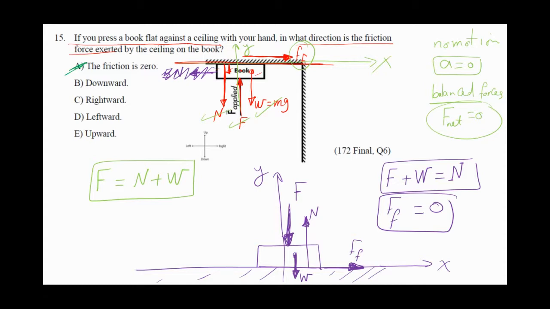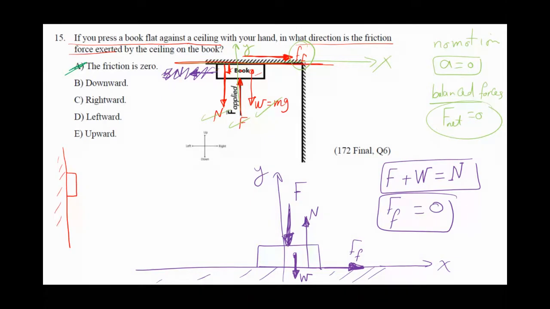There is a third case. What is it? If you push the book against the wall, like if there is a wall and you push the box by a force F against the wall. Let's draw the forces acting on the block.